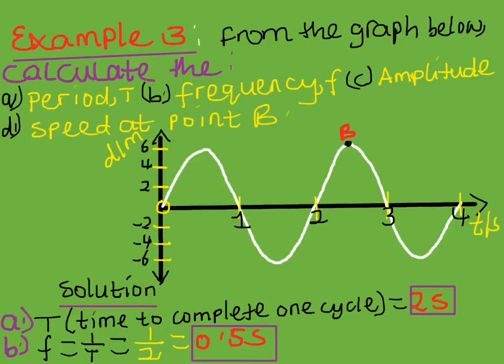Now, from the two equations of speed, which is f times lambda or x over t, which of the equations can you use to calculate the speed at point B?